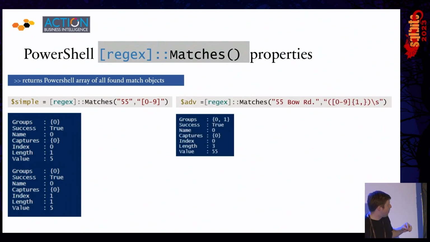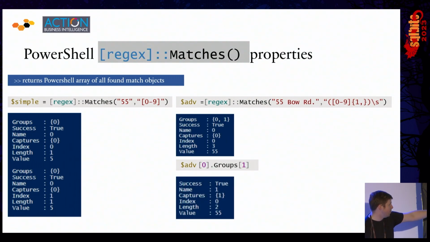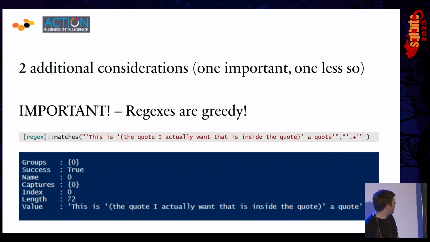But if you group it up, you'll get 1 match, and I've grouped it up there. But then you'll get a group in there, and you can then call the first group, which is 55. You can see the difference. The length of the top one for the general match is everything, because the first bit is a group and then you've said space at the end of it, but you've grouped the numbers, so the second one is just the number group.